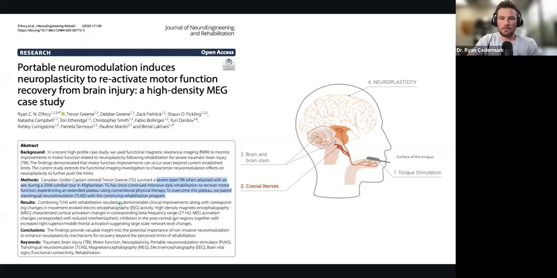He was doing traditional physical therapy, occupational therapy, and speech therapy to recover his motor function, but he plateaued. What they found was that when they incorporated tongue stimulation into his physical exercises, it helped him break past that plateau.